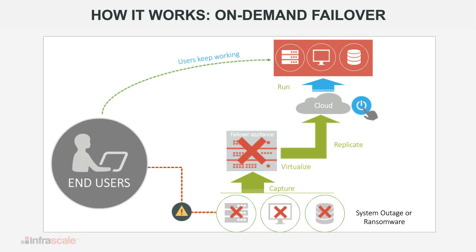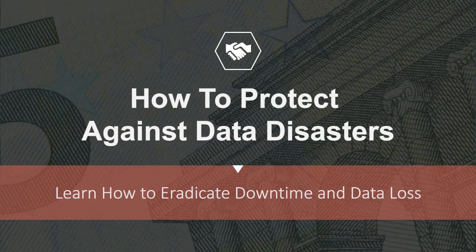Now that we're all on the same page with how on-demand failover works, we're going to talk specifically about how to protect against data disasters and really how to get a full data protection strategy in place.